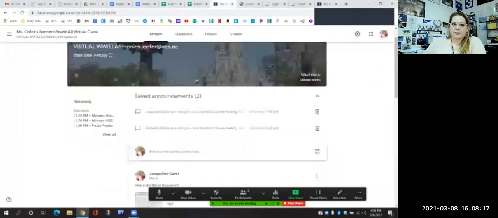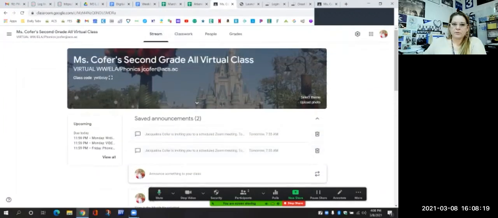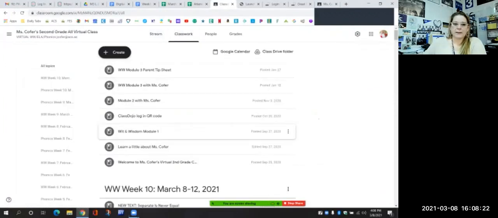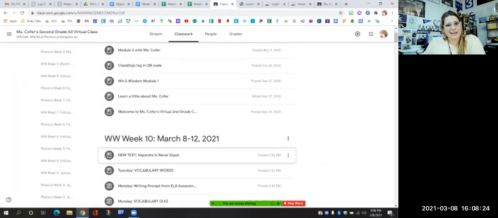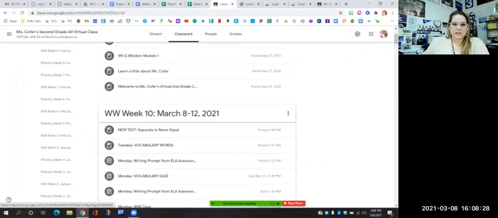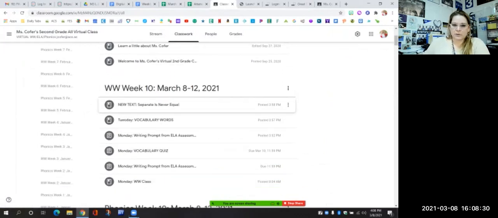We have a new set of vocabulary words, and I want to go ahead and share with you the new vocabulary list. If you go to the page to classwork, this is week 10. I know we were only supposed to have 9 weeks, but we have 10 weeks this time. Here is the new text, Separate is Never Equal.